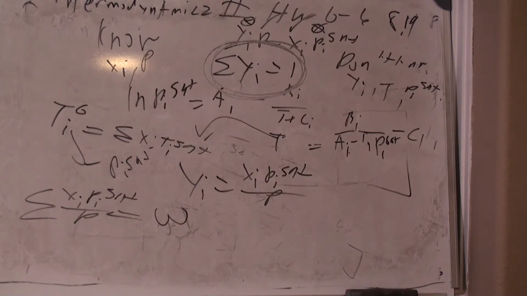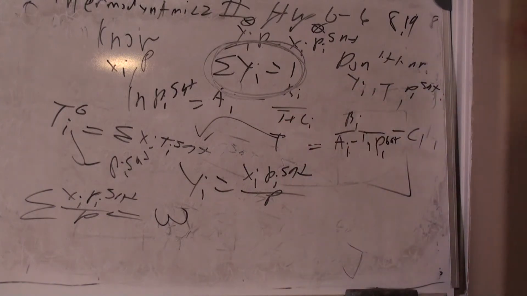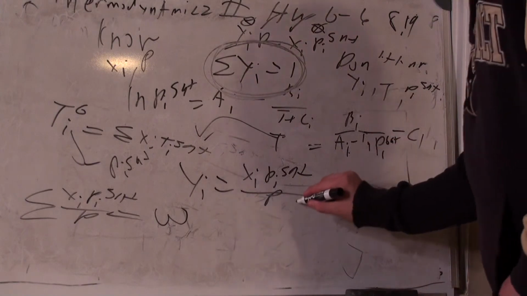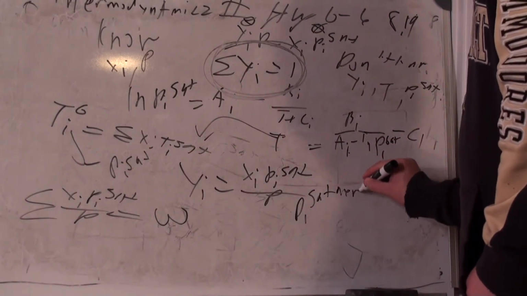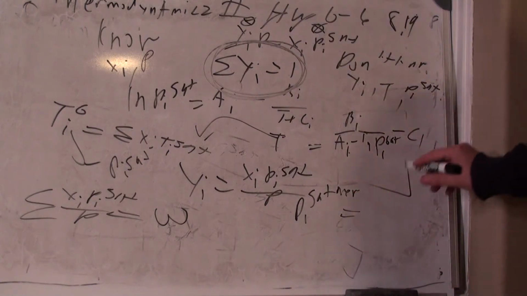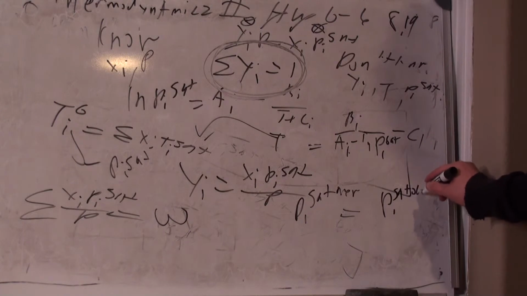Oh, I want to fudge p1 sat. I want to fudge p1 sat, so I can plug it back into here and have a fudged t. All right? Now, so I want some p1 sat new. I want to fudge p1 sat original, or old.